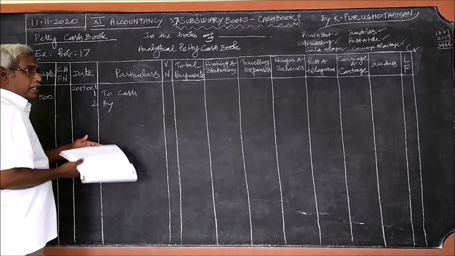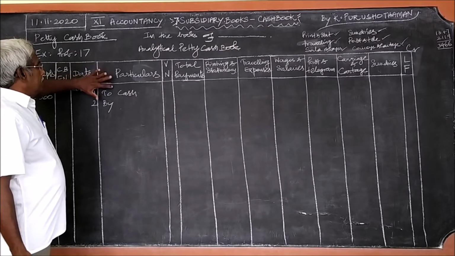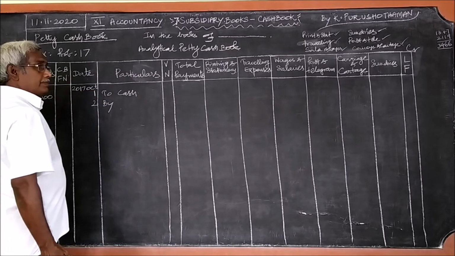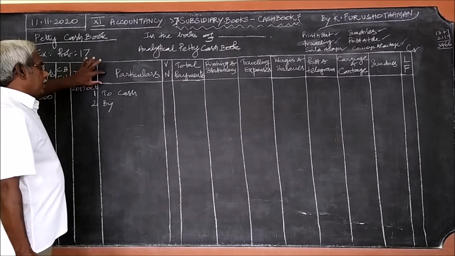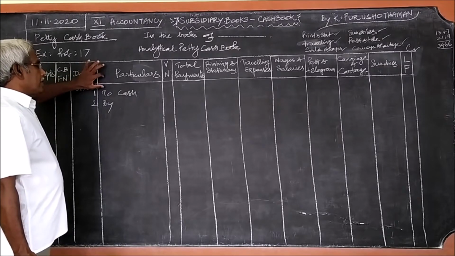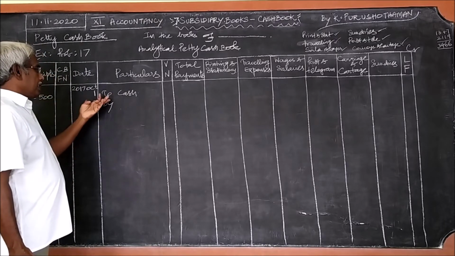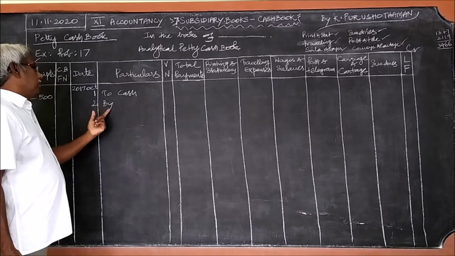So note, as I said in the beginning itself, the cash receipt is to cash. That we have written the amount here. For particulars, both for receipt and payment, same column. In the same column we write to for receipt and by for payment.